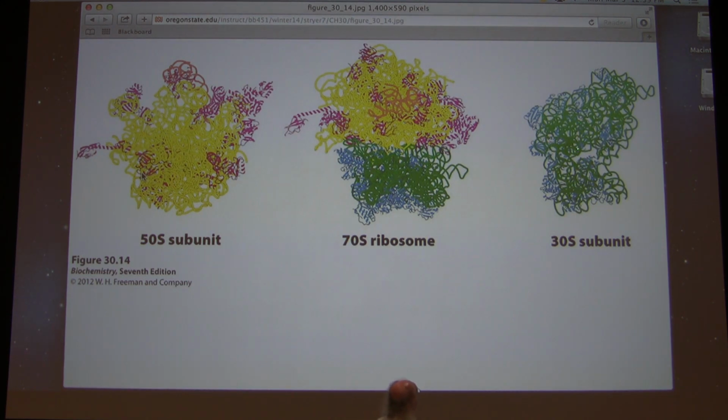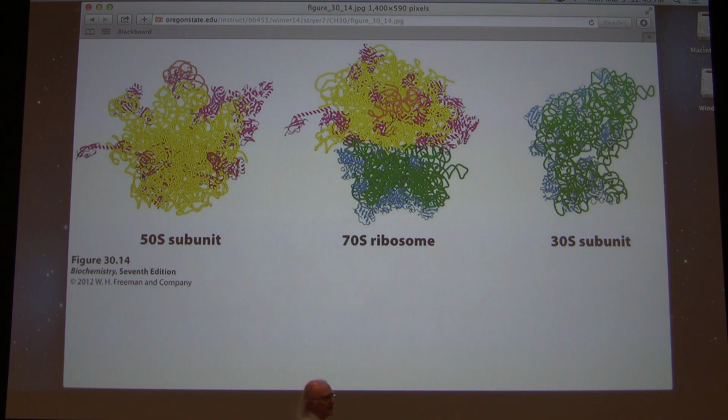In the 30S subunit, the green is the ribosomal RNA. So the ribosomal RNA is not some trivial piece of a ribosome. It's actually a pretty significant chunk of the ribosome. And the ribosomal RNA provides some very, very important functions, as we shall see.